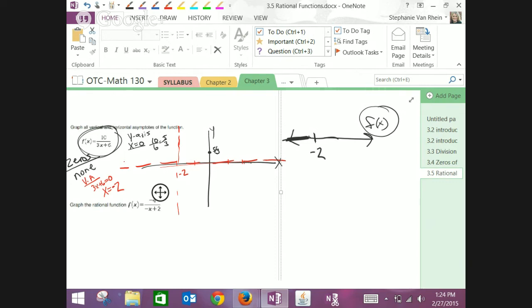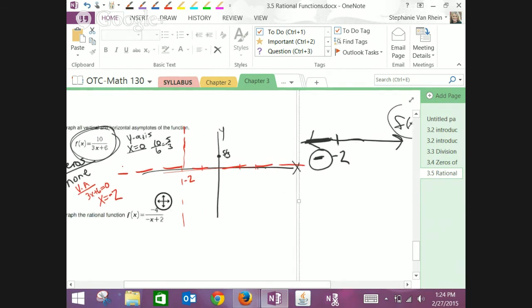If it's positive, it's above the x-axis in that whole region. If it's negative, it's below the x-axis in the whole region. In this case, -15 plus 6 is negative, and the 10 in the numerator doesn't change. It's positive, so a positive divided by a negative is negative. That tells me from -infinity to -2, I'm always below the x-axis.